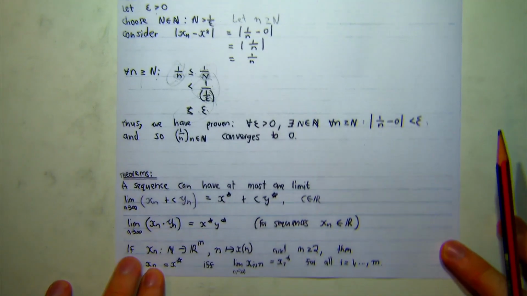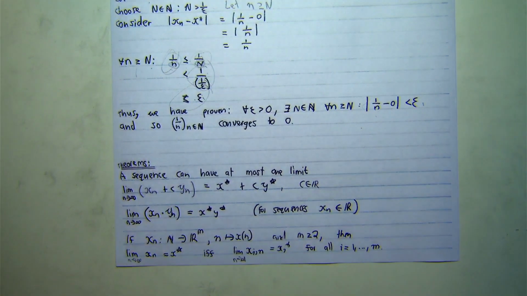Okay, last thing we're going to look at in this class is some theorems about sequence limits. And these theorems become really handy when you're trying to prove a complex sequence and its limit, because you can break it up into simpler things and then put them together to actually do a proof on a more complex sequence.